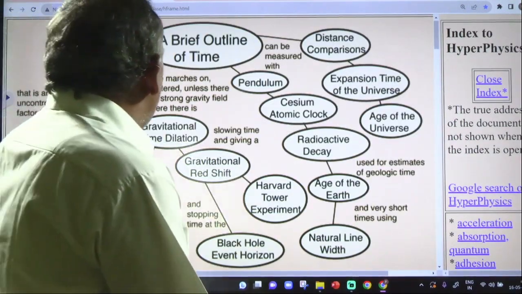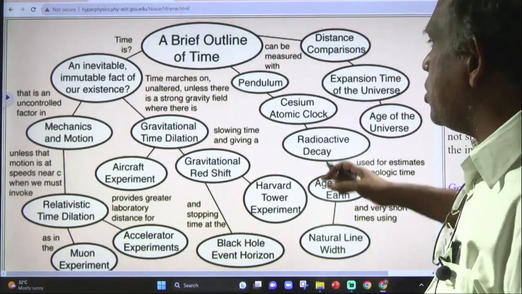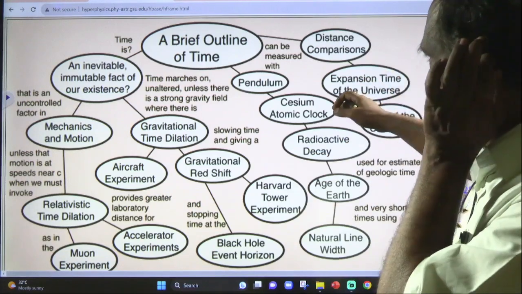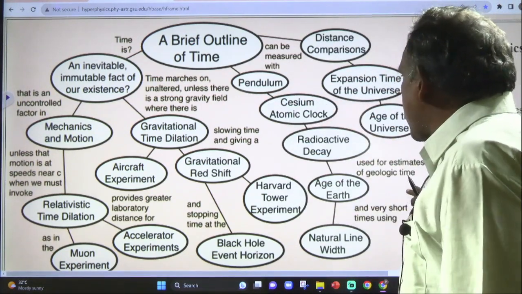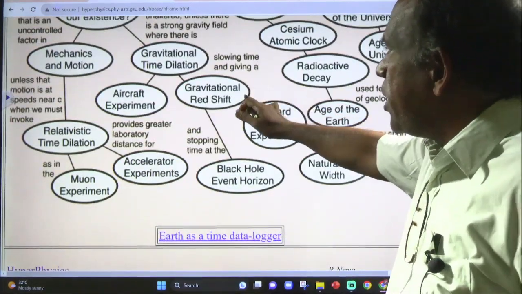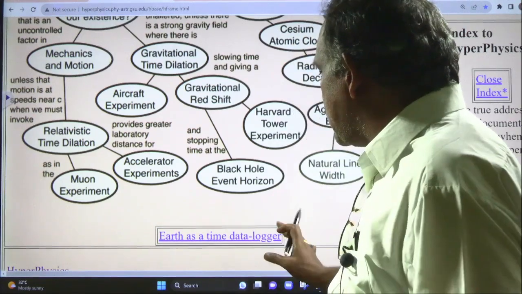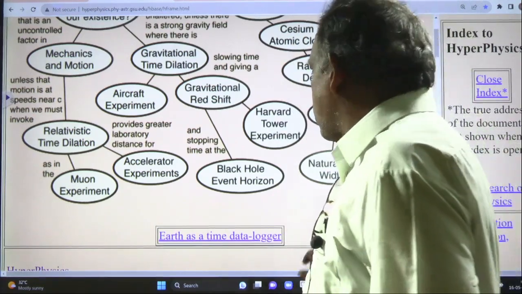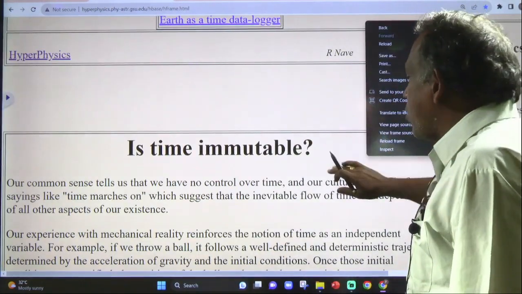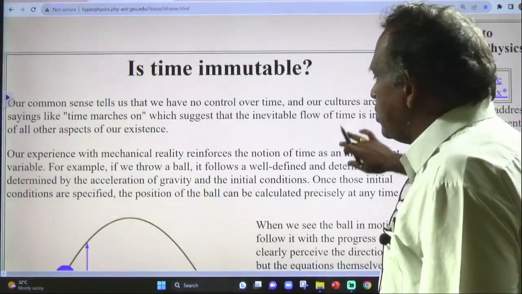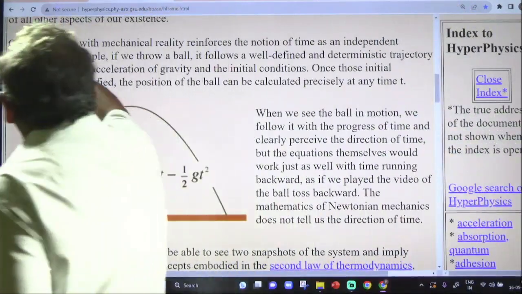This is just an overview of time, a brief outline of time: mechanics and motion, gravitational time, distance comparisons, using a pendulum we can get the time, gravitational time, aircraft experiments, etc. Time analysis and everything, whether time is immutable or not, all these things, are the different phenomena.